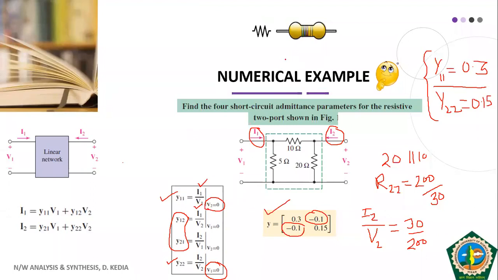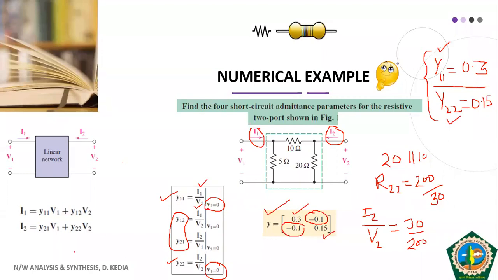The way we have done, we first calculated R11, then by reversing we got Y11. Similarly, we calculated R22, and by reversing that we got Y22. So same thing you can also adopt. Fine. So we have got Y11 and Y22.